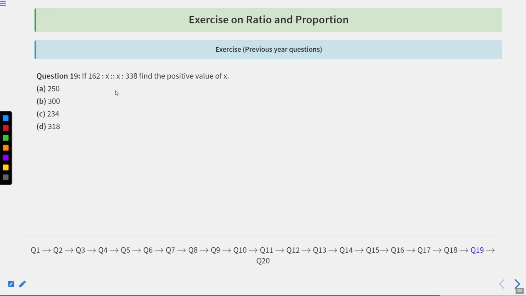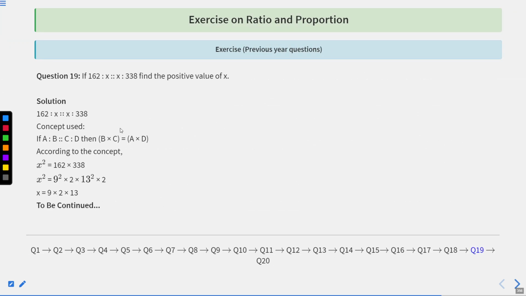If 162 is to x as x is to 338, find the positive value of x. So here the concept used is A is to B as C is to D, then B into C is equal to A into D. So according to the concept, x square is equal to 162 into 338.